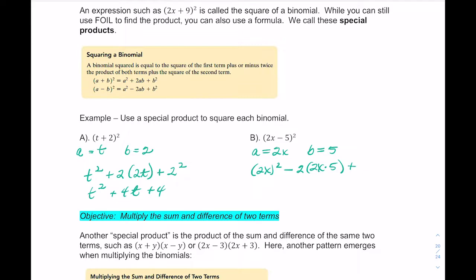And then I'm going to square the last term. Remember when you square 2x, you have a product to a power, so you have to distribute the power. So it's going to be 2 squared, which is 4, and then x squared. And then if I multiply 2 times 2x times 5, I get 20x, and 5 squared is 25. And there's your final answer, which is what you would get if you were to FOIL it.